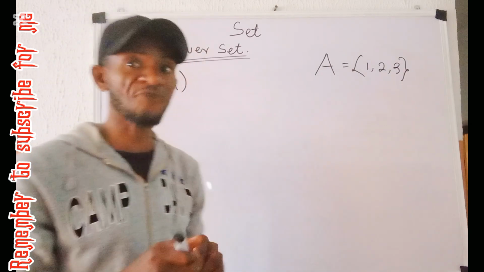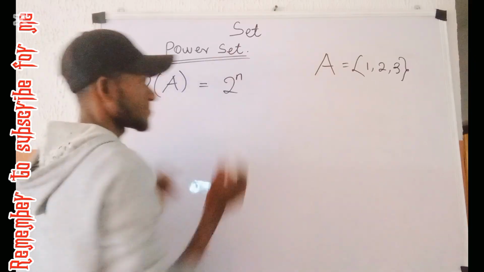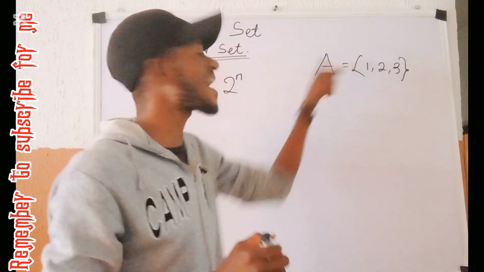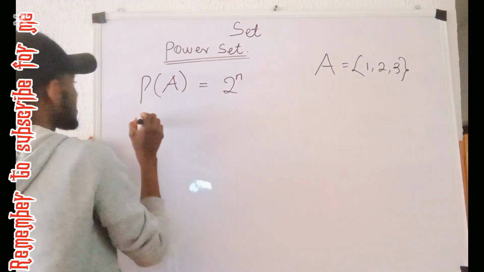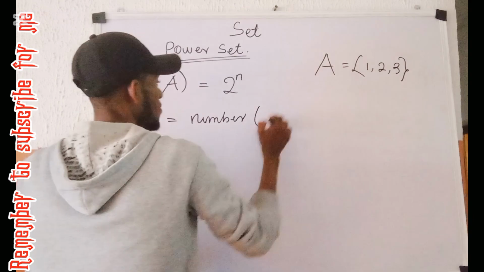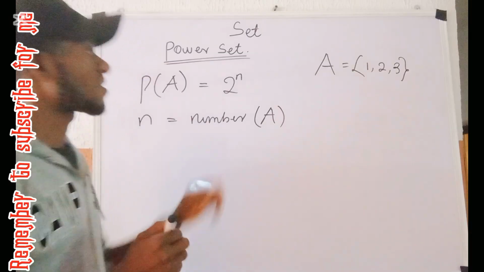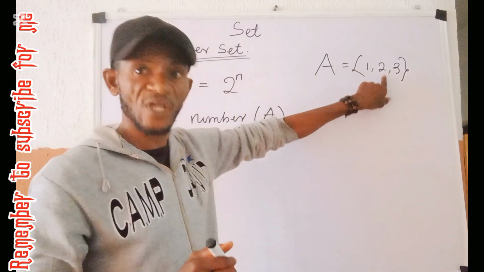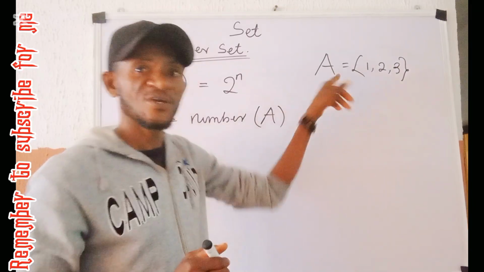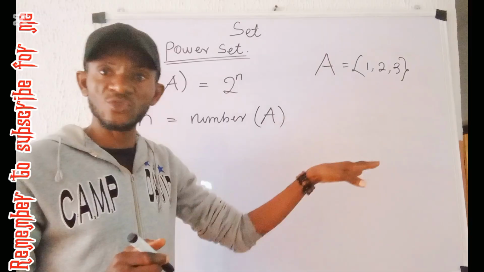We determine it by this formula: P of A is given as 2 raised to power N, where this N stands for the number of elements inside this set A. That is to say that if A has 3 members, just as this one in the illustration, to determine the power set of A, we are going to say 2 raised to power 3. That is 2 times 2 times 2, which gives us 8.